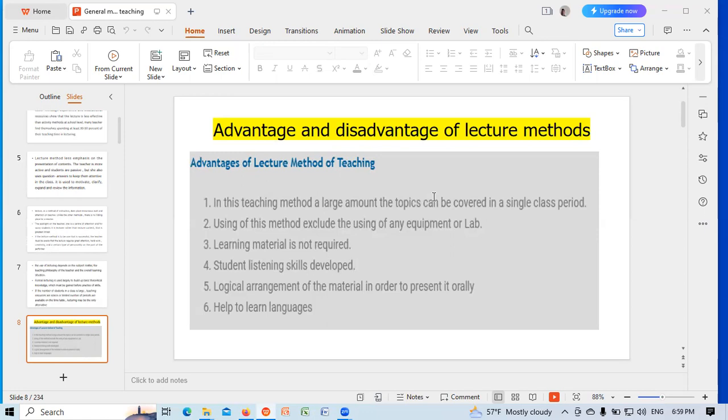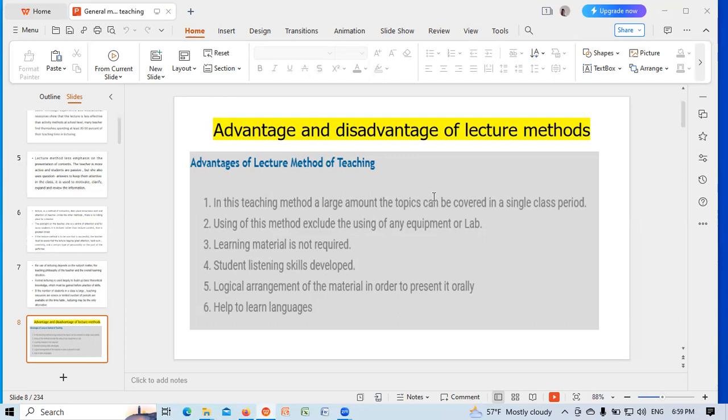We can teach without any equipment or laboratory. Learning material is not required, whereas learning by doing methods, as in Jean Piaget, require learning materials. But in the lecture method, learning materials are not required.